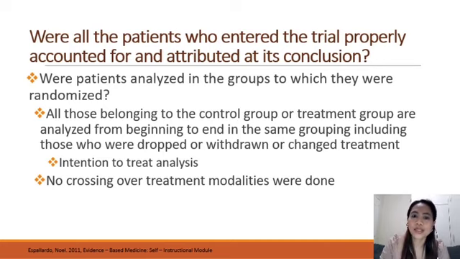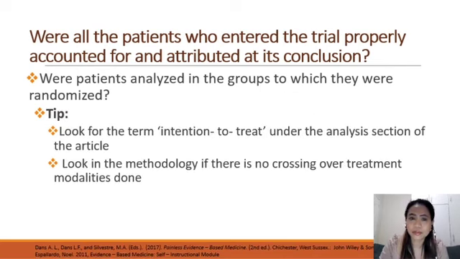Additionally, we could look in the methodology section for any crossing over of treatment modalities. If there are, then the answer for this question is no. To answer the second sub-question, we just look for the following in the methodology section: ITT analysis and presence or absence of crossing over of treatment modalities.